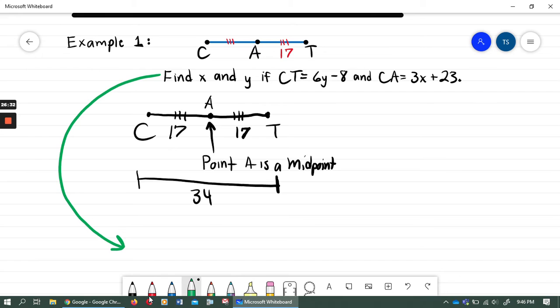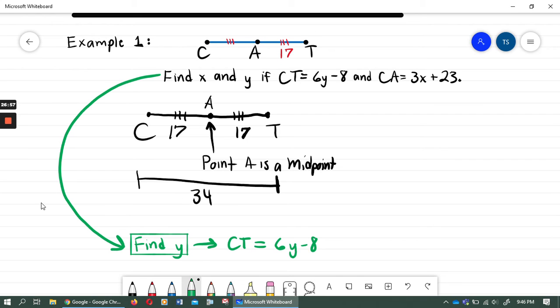All right, so if we were going to start off by finding y, the variable expression that had the y in it was CT. So the length of segment CT equals 6y minus 8.